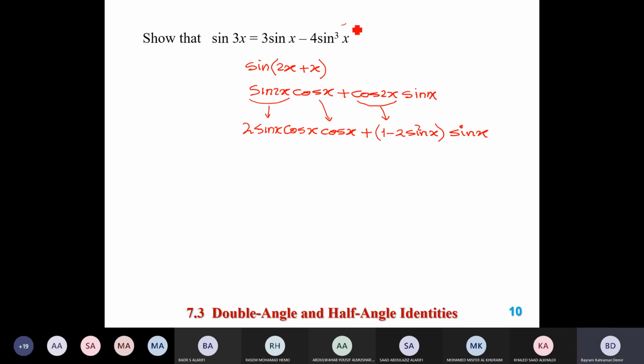Because the question is asking everything in terms of sine, I should write everything in terms of sine. So now we have 2 times sine x here. And we have cosine x times cosine x is cosine square of x, which is what? 1 minus sine square. Exactly.